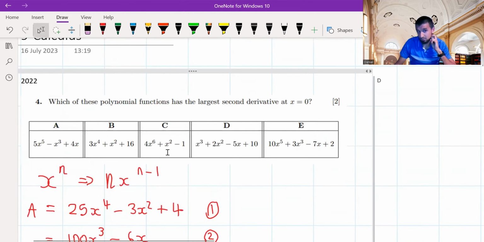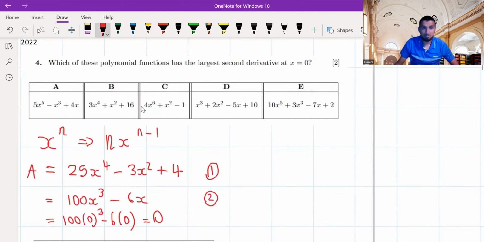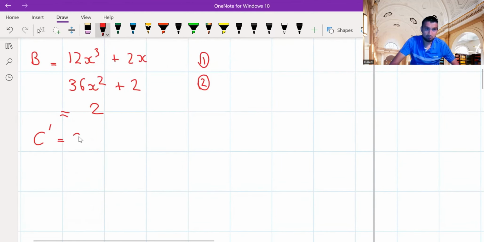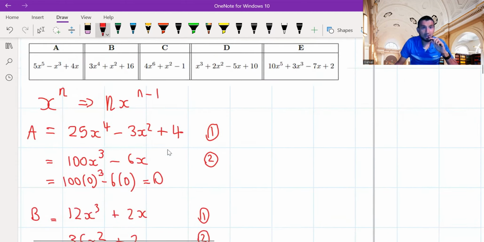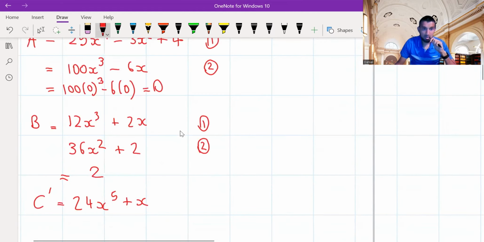Okay, the next one, C, 4x to the 6 plus x squared minus 1. 4x to the power of 6 will become 24x to the power of 5, and then x squared will become just plus x, and then the minus 1 will be left as 0.